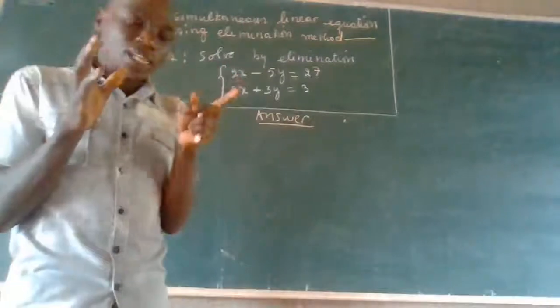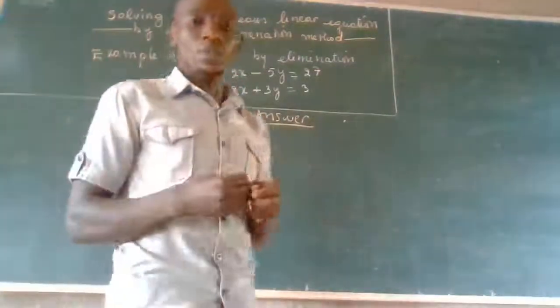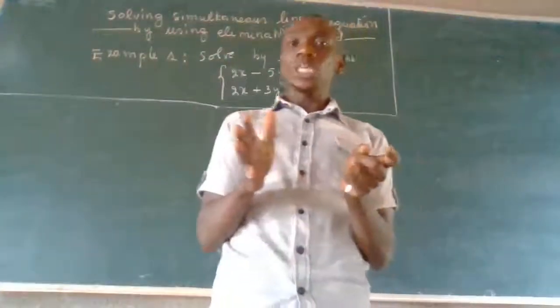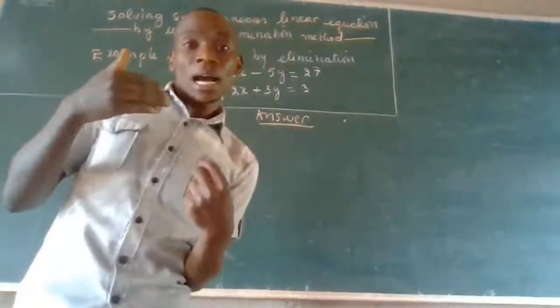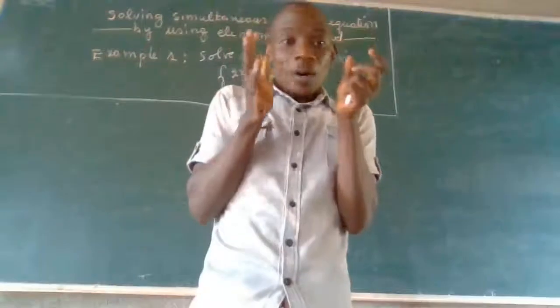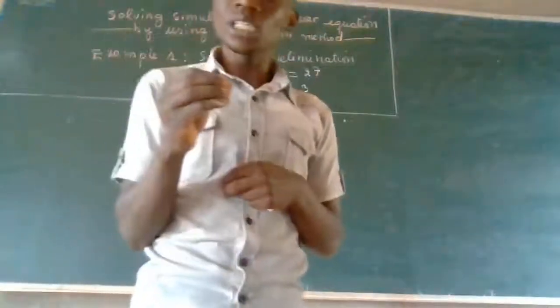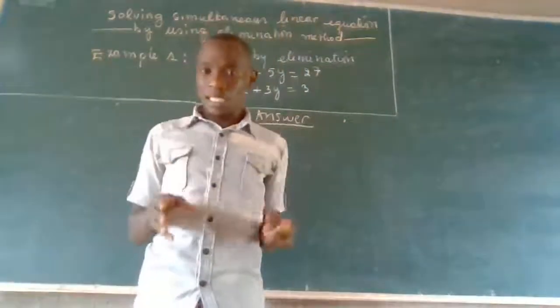The elimination method is performed by addition and subtraction of related terms with equal absolute value of coefficient but with opposite sign.